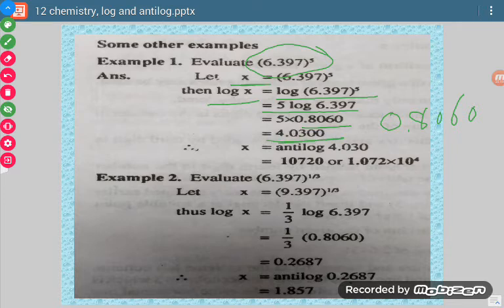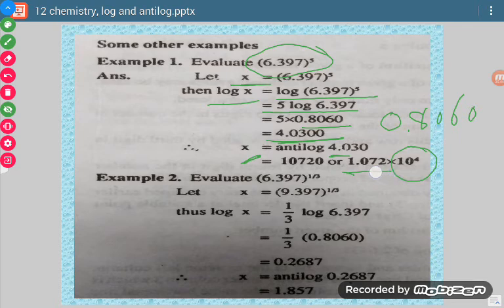So now log x becomes equal to 4.0300. Now we have to take the anti-log of this value so that we get the value of x. x is equal to anti-log of 4.030. So before the decimal there is 4, so it is written like this. When we see 0.03 under 0, we will get the value 1072.